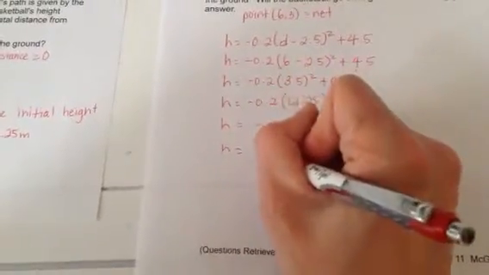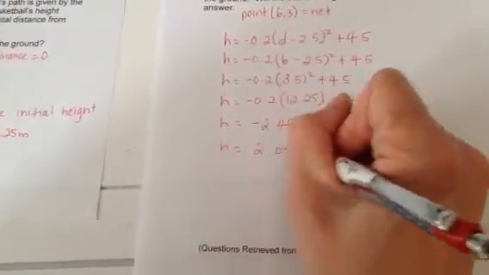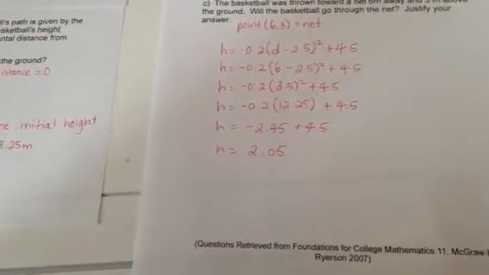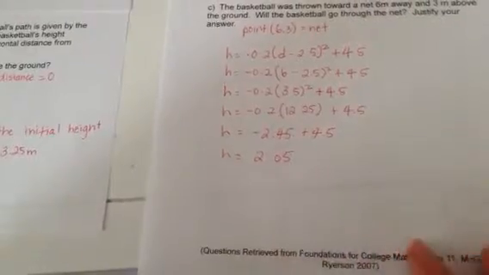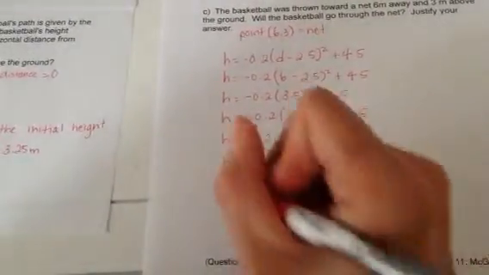So that gives us a height of 2.05 meters. So when the ball is 6 meters from the thrower, it is only 2.05 meters high.